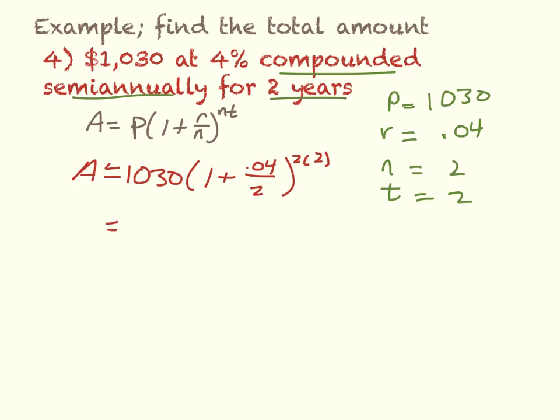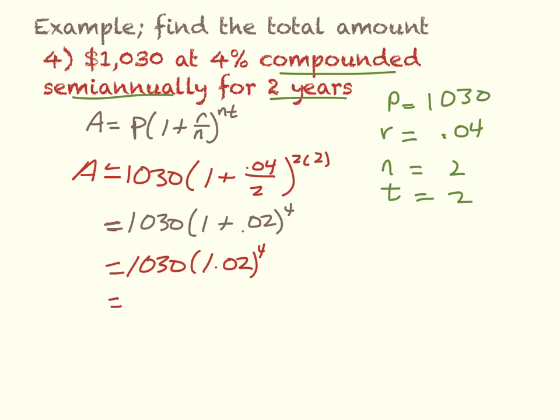And then I'm going to start solving one step at a time. 1,030 times 1 plus 0.02, because that's 0.04 divided by 2, to the power of 2 times 2 is 4. So the next step, 1030 times 1.02 to the power of 4.